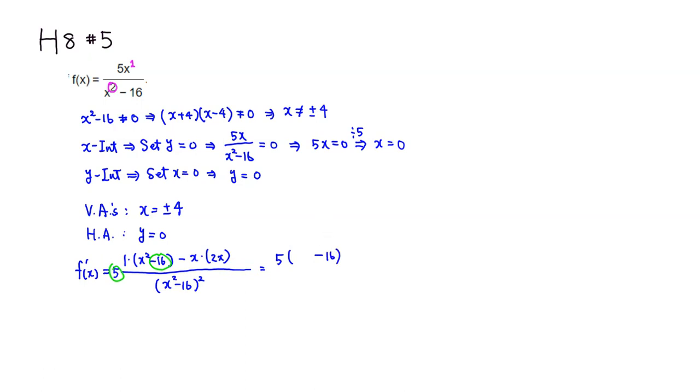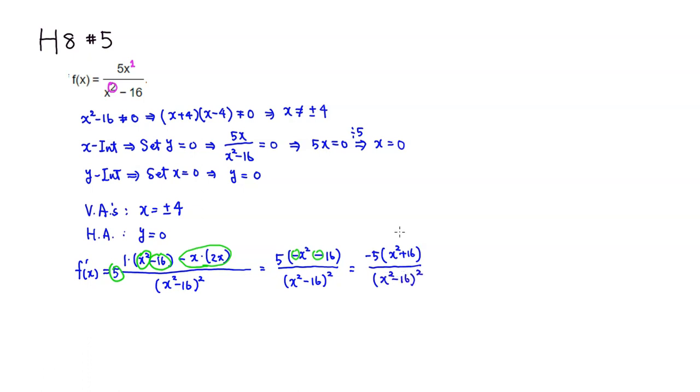Then we have x squared minus 2x squared, so it's a negative x squared, over x squared minus 16 squared. Since we have a negative sign on both terms, I'm going to pull the negative sign out. So you have negative 5 times x squared plus 16 over quantity x squared minus 16 squared.